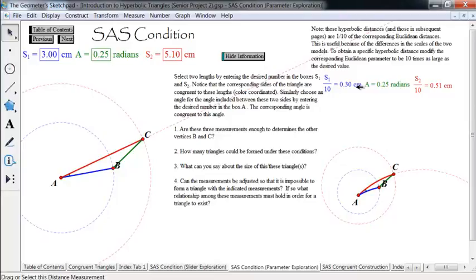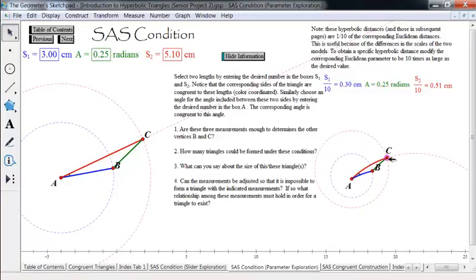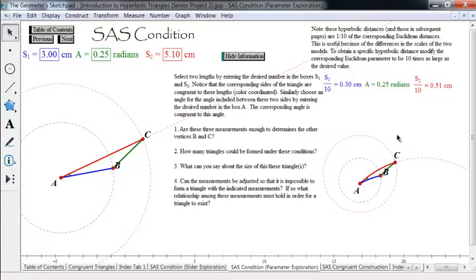So if you're trying to get this one to match out a certain distance, you need to multiply the value that you want here by 10, and that's what you need to put in here in S1. Okay? And so there's another exploration there.